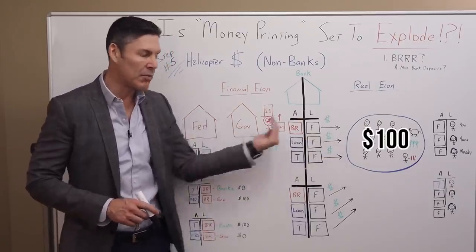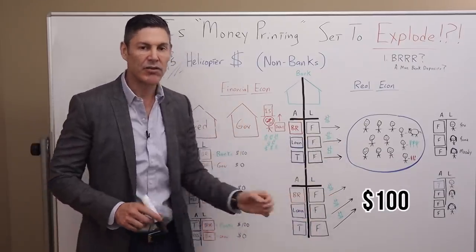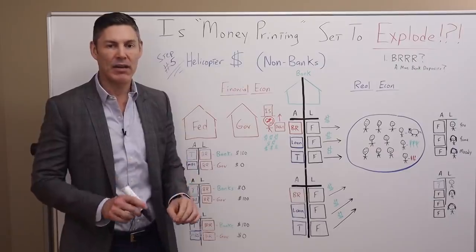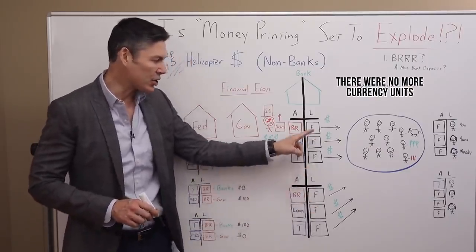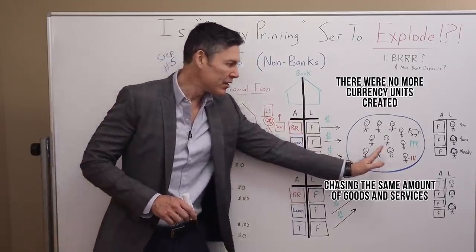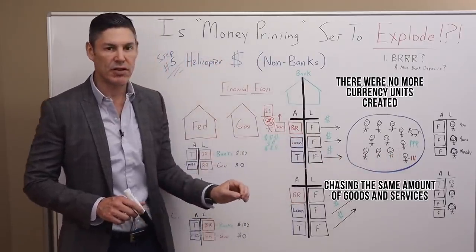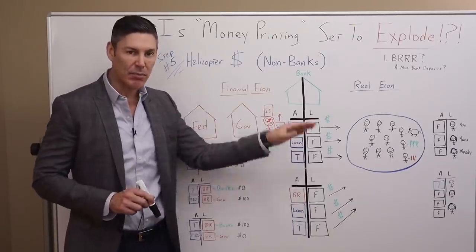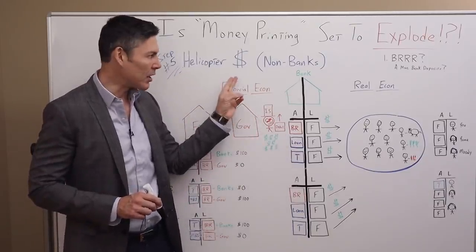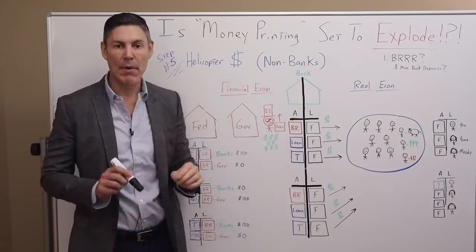We have $100 coming out, $100 coming in. So on net balance, it's a wash. There were no more currency units that were actually created chasing the same amount of goods and services in the real economy. Therefore, I would not consider this process, helicopter money with the non-banks, money printing.